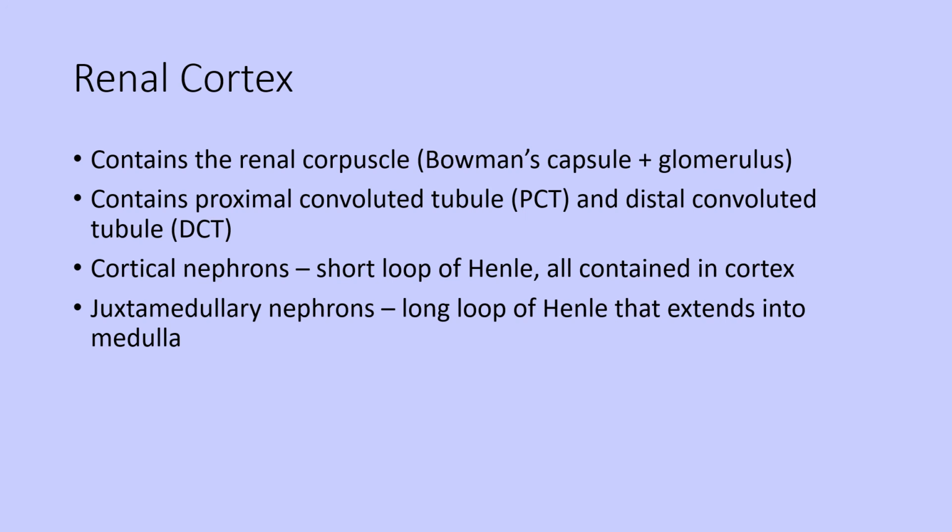Cortical nephrons have a very short loop of Henle, so all of that nephron is in the cortex. The juxtamedullary nephrons have a very long loop of Henle, and that longer loop of Henle may extend into the medulla. But most of the nephrons are in the cortex area of the kidney.